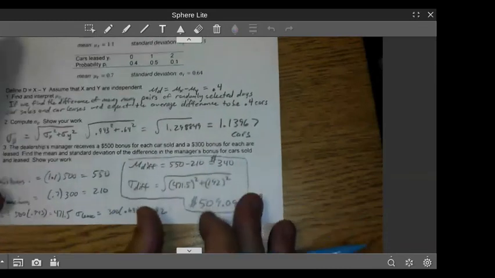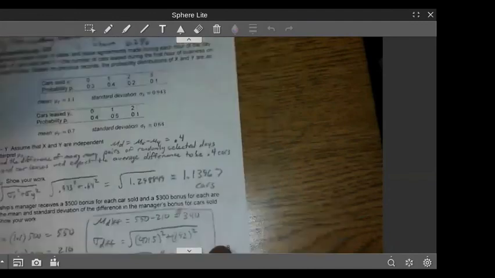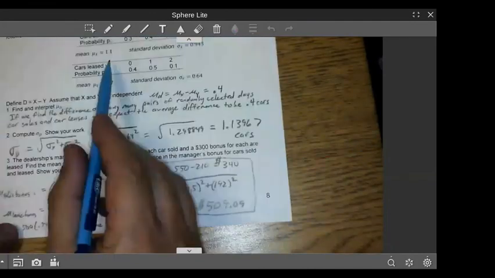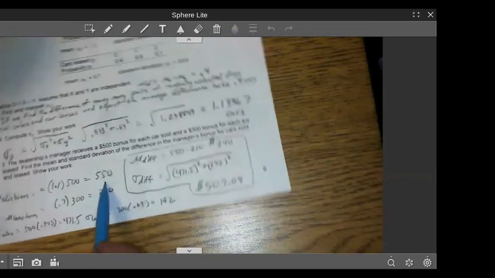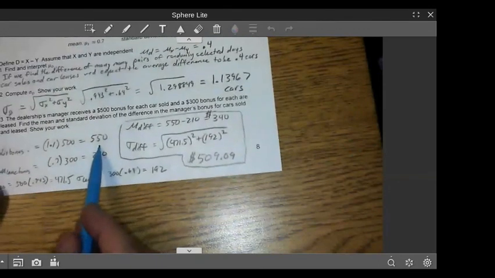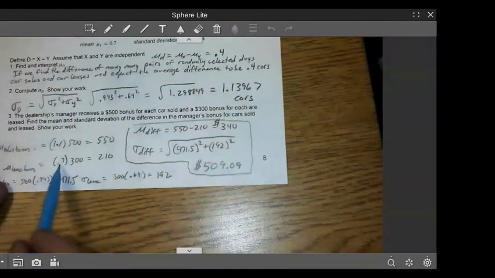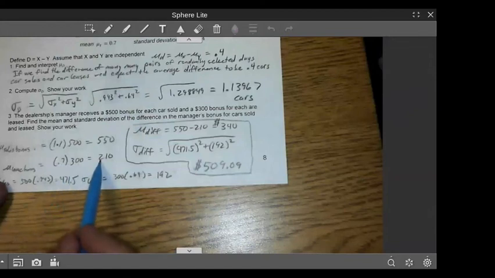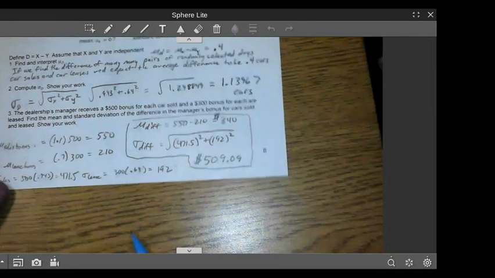All right, so this one is definitely a little bit harder. We take the mean of 1.1 cars sold times 500, so that's on average $550 worth of sales bonus. We lease on average 0.7 cars at $300 of bonus, an average $210 bonus for the leases.